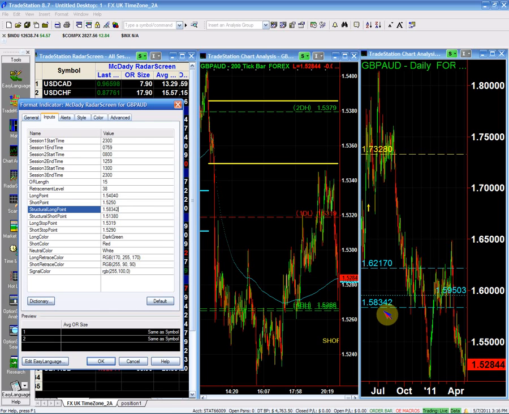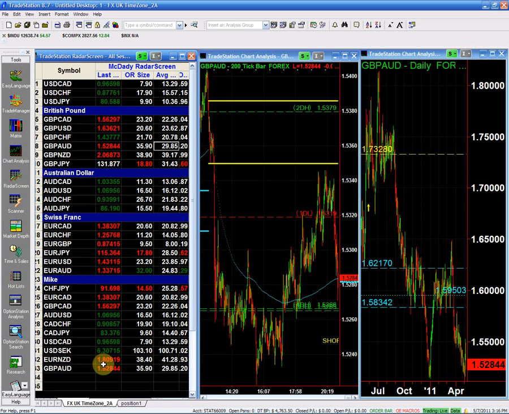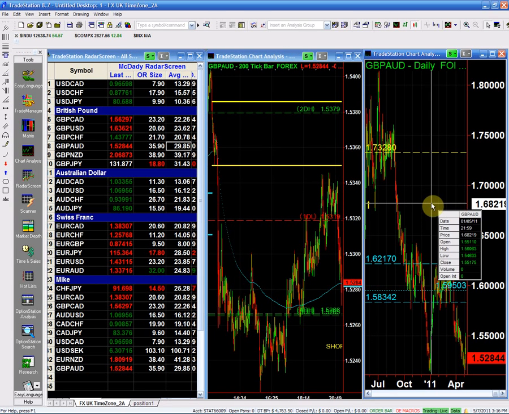My structural short is the all-time historical low, which is as low as it has got, which is 151.38.